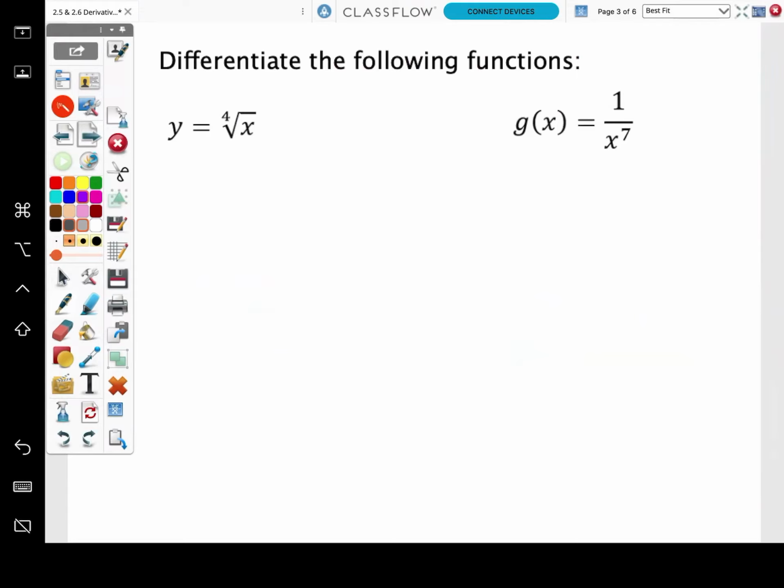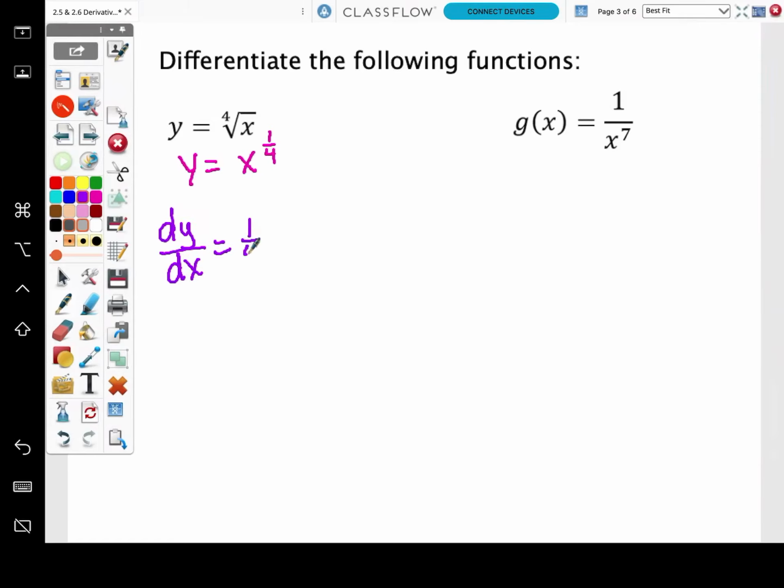What about these two? I gave you a power rule and a constant rule, and we don't have either thing going on. But wait, can we write the 4th root of x as a power? Yeah, we certainly can. So y equals x to the 1/4 power. Now the 4th root is written as a power, and we can differentiate it just the same way using our power rule.